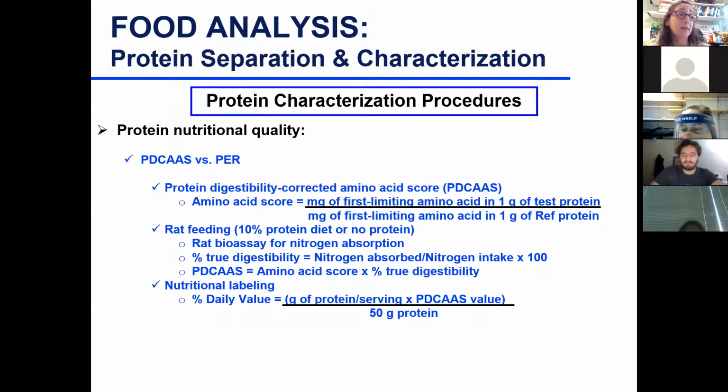And then the PDCAAS is the amino acid score multiplied by the percentage of the true digestibility. So again, you get a value between 0 and 1. If you get a value of 1, that means all of the protein is 100% digestible, and it has an amino acid score of 1.